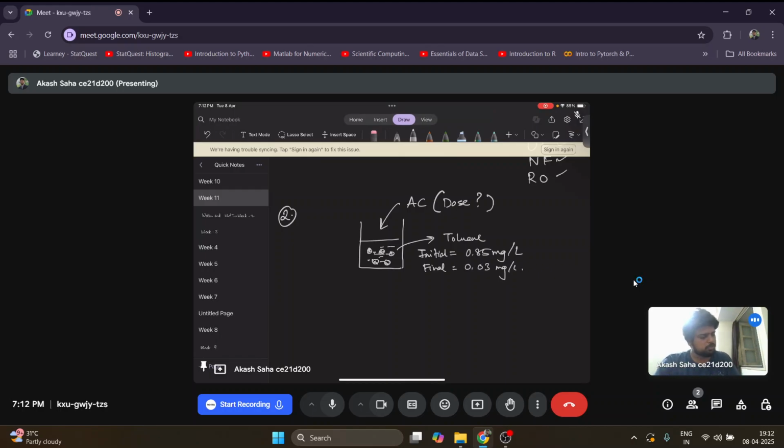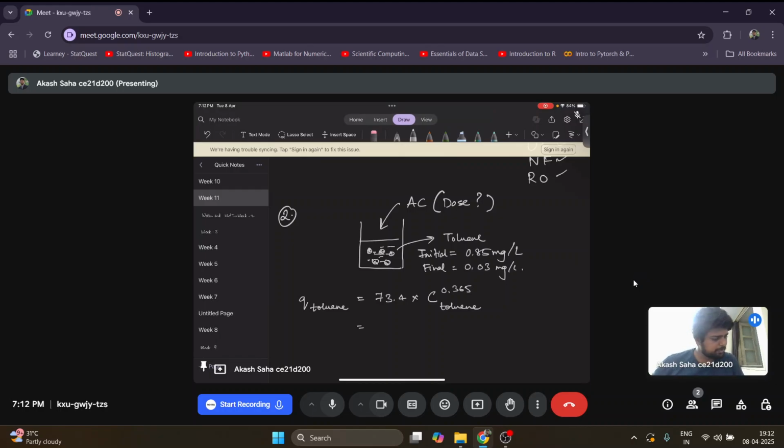If you see the isotherm, it will follow a particular isotherm equation. Here it is defined by the Freundlich isotherm. It is given as Q toluene is equal to 73.4 into C toluene to the power 0.365.